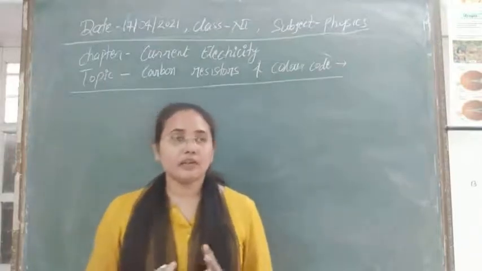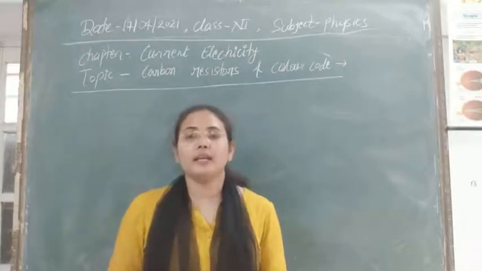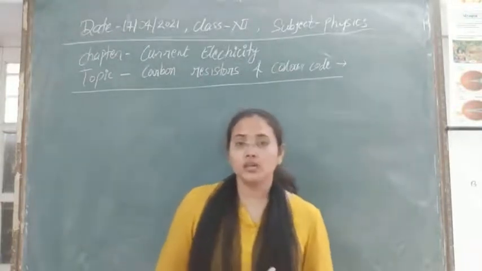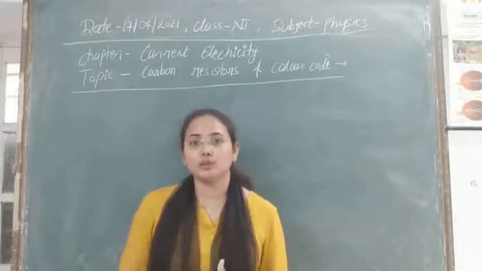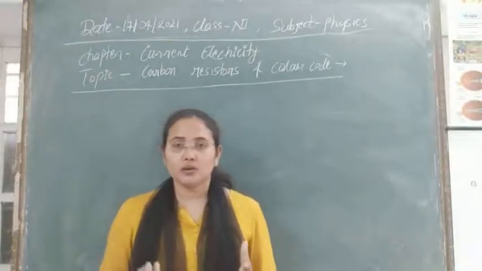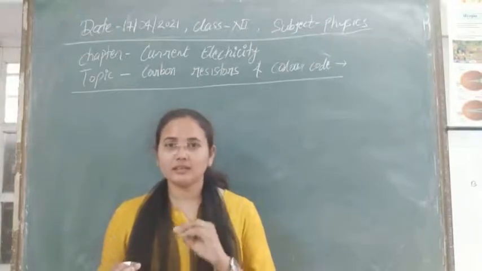These carbon resistors are widely used in most electronic circuits, like radio receiver circuits and amplifier circuits, in the modulation process, and also in oscillator circuits. So I think that is now clear.